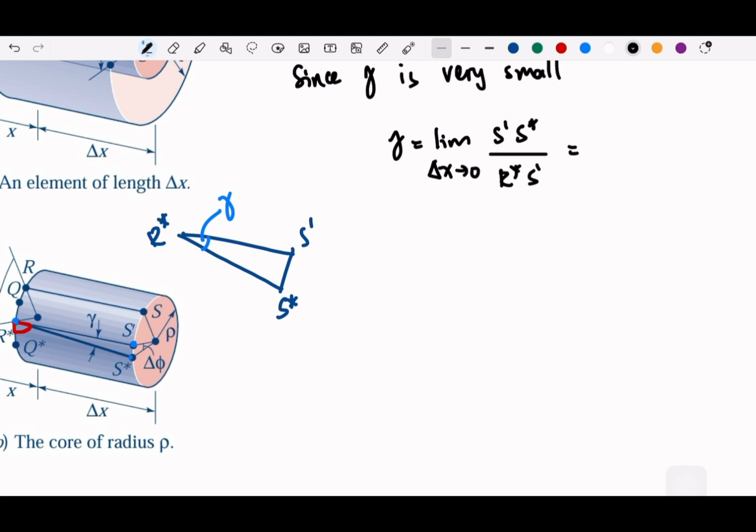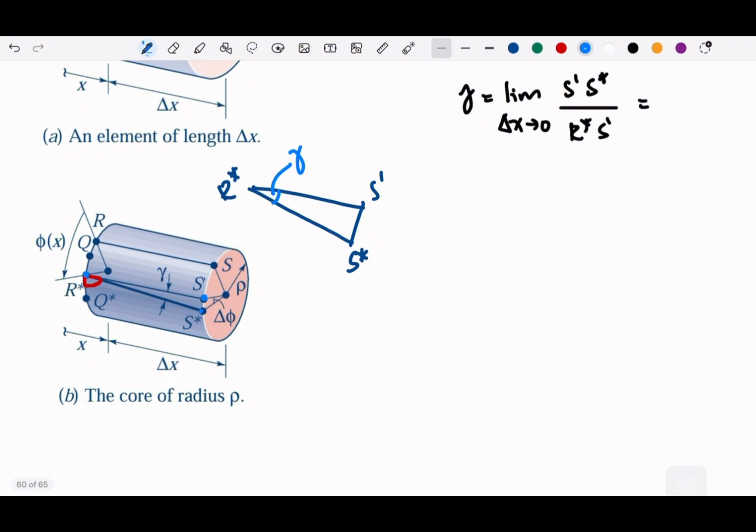We take this as delta psi, the delta of the twisted angle, and rho as the radius inside the circular part. So we can describe S asterisk and S prime.